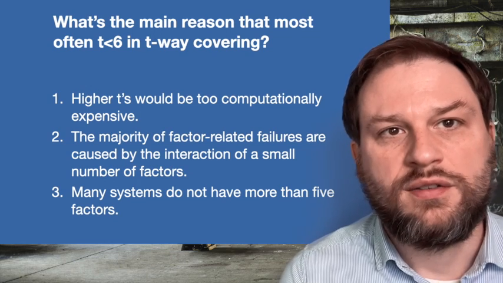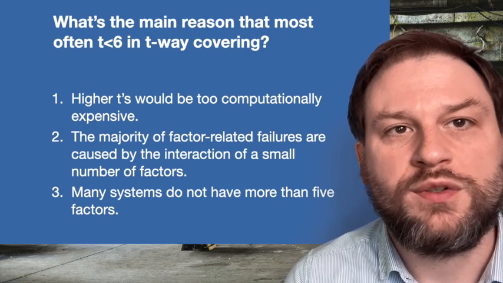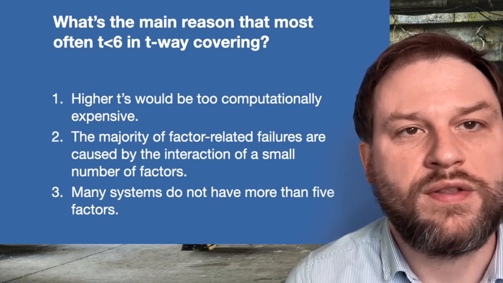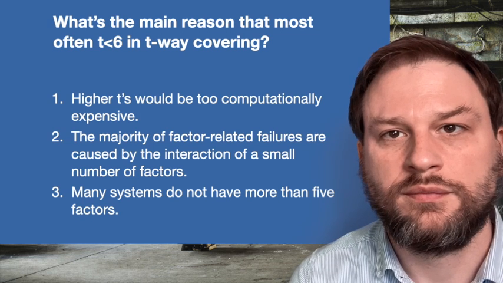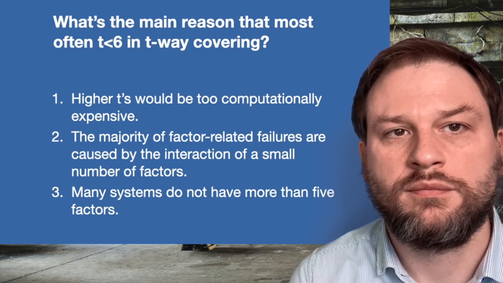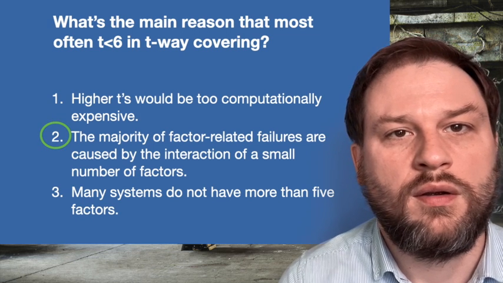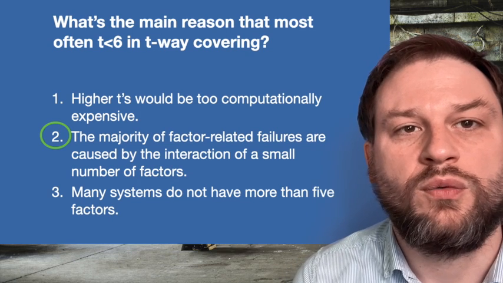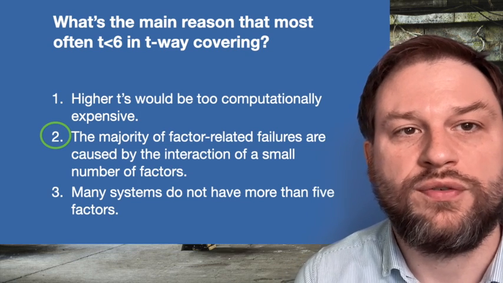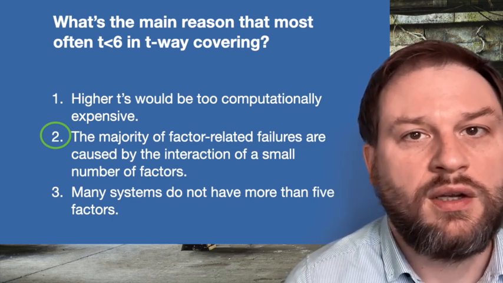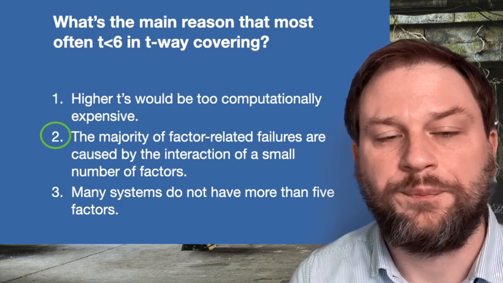So let us look at some questions. What is the main reason that most often t is smaller than 6 in t-way covering? And the answer is the majority of factor-related failures are caused by the interaction of a small number of factors. That's why even 2-way is often very effective.